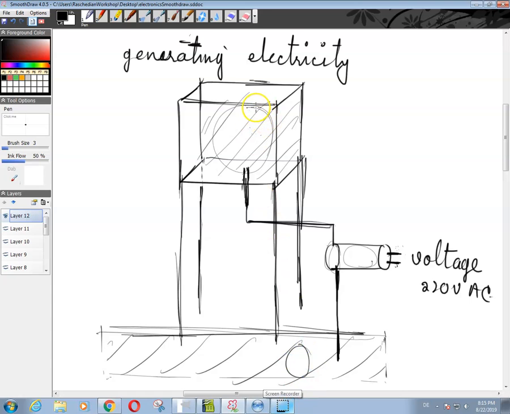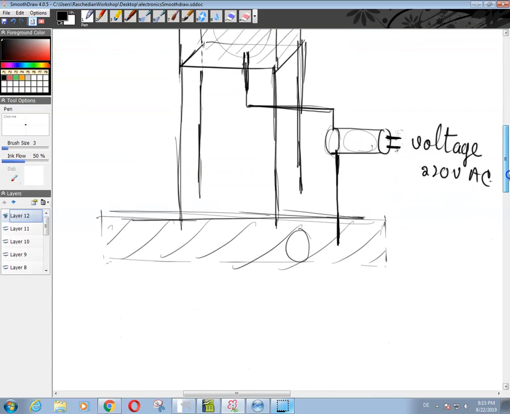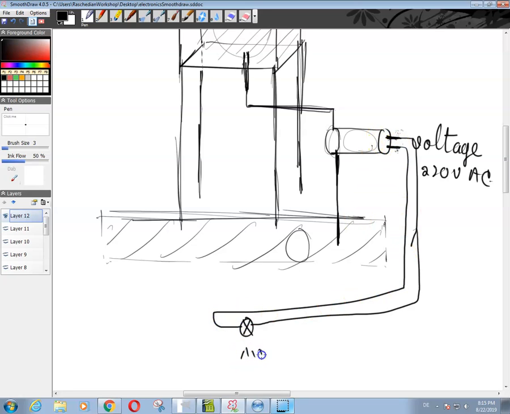There is potential energy in the water up here in the reservoir. When that energy is released through rotating the shaft over here, there is a potential difference between these two poles of the generator, and that generator can then be connected to a lamp this way and this way, and then the lamp will start glowing.